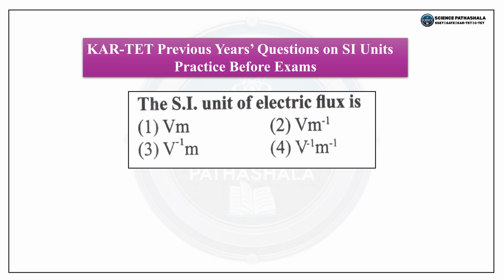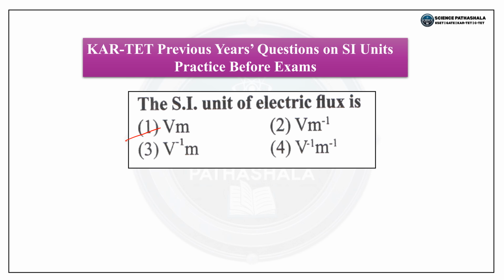So the first question is the SI unit of electric flux is, options ಈ ರೀತಿ ಇದೆ. So voltmeter, volt per meter, per volt meter, per volt per meter. So ಈಗಾಗಲೇ ನಾವು ಡಿಸ್ಕಸ್ ಮಾಡಿರೋ ಹಾಗೆ, in the previous slide the correct answer it is voltmeter. ಅಂದ್ರೆ ಸರಿಯಾದ ಉತ್ತರ voltmeter.